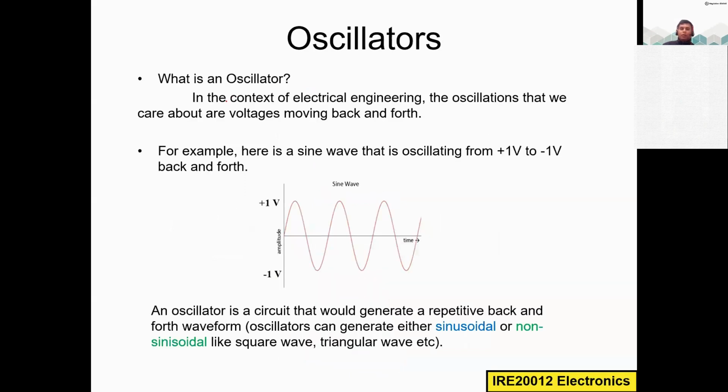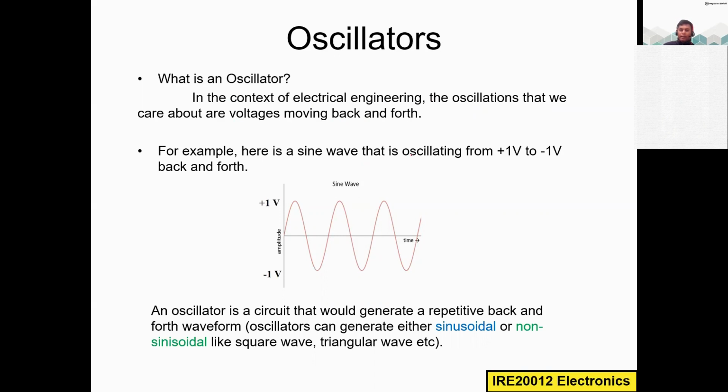In the context of electrical engineering, because we are engineers, we are always talking about topics with respect to electrical engineering. So here, the oscillations that we care about are voltages which are moving back and forth. For example, here is a sine wave.